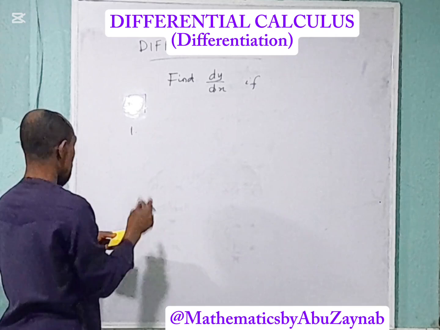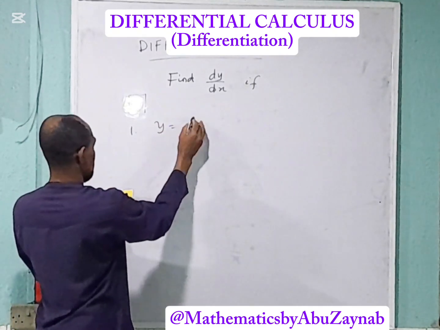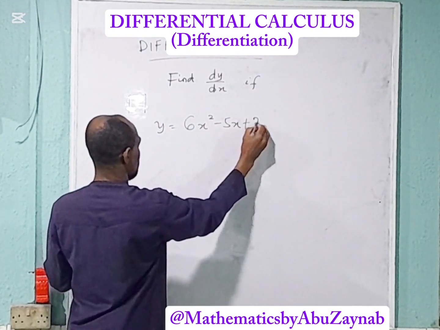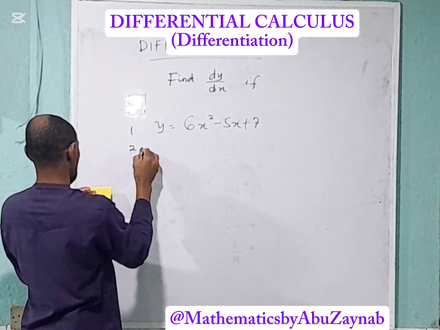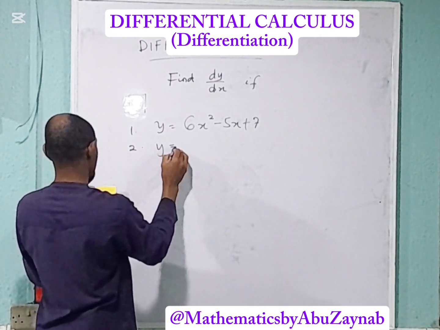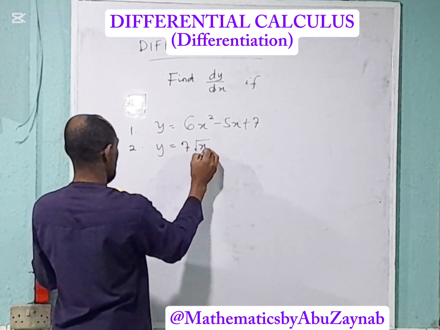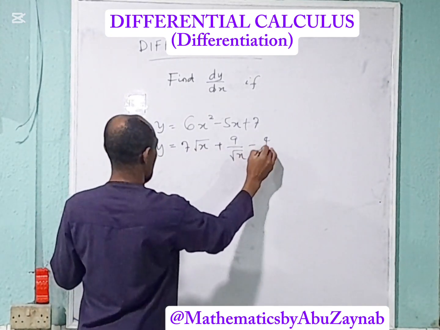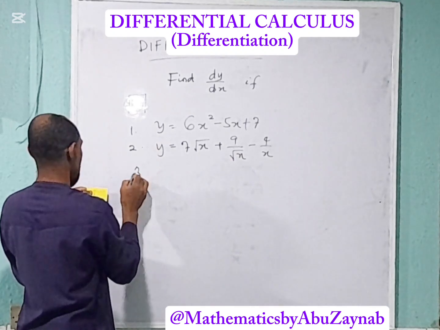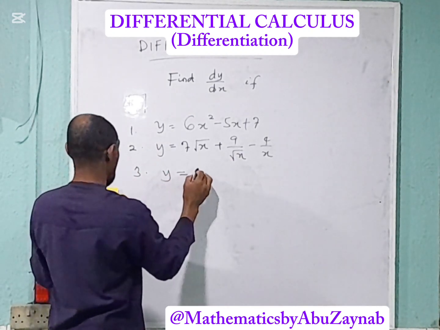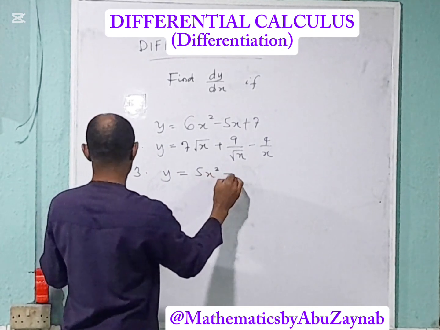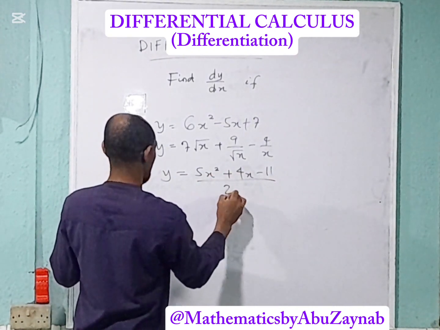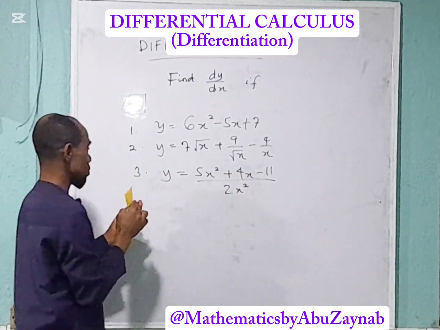To start with, if y is 6x squared minus 5x plus 7. 2, you've got y equals 7 root of x plus 9 over root of x minus 4 over x. And then 3, if you've got y equals 5x squared plus 4x minus 11 over 2x squared. Okay, you take this 3.